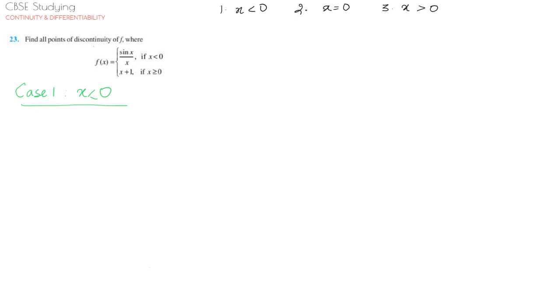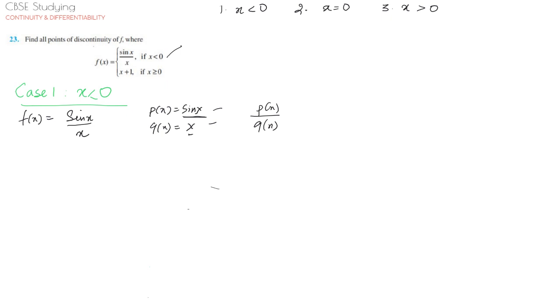So when x is lesser than 0, what function are we going to use? Sin x by x. So f of x is equal to sin x by x, right? Now we know that sin x is continuous. Same concept that I taught in the last question. If I take p of x as sin x and q of x as x, this is a basic polynomial and this is a trigonometric function, sin x. This is continuous, this is continuous. So if p of x by q of x is continuous, then f of x is continuous.